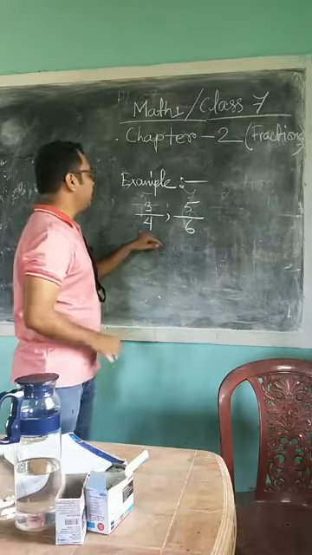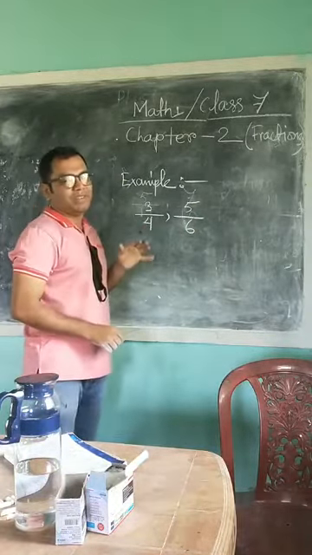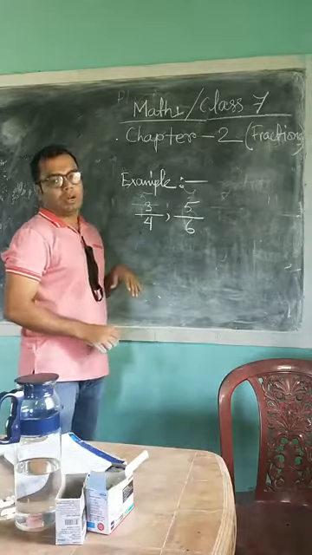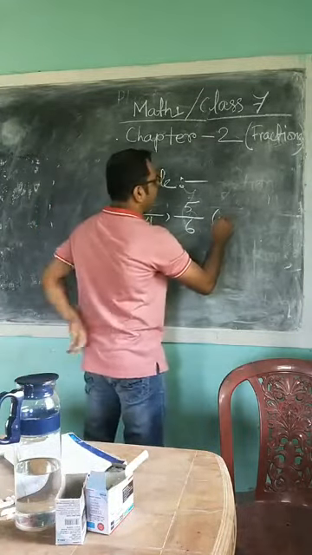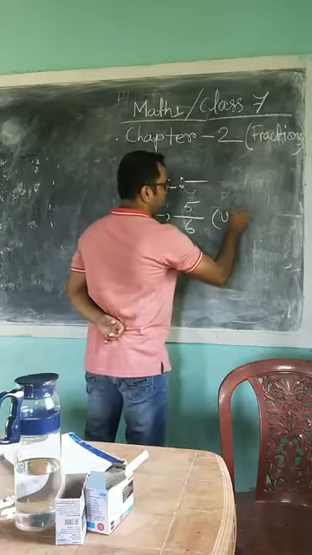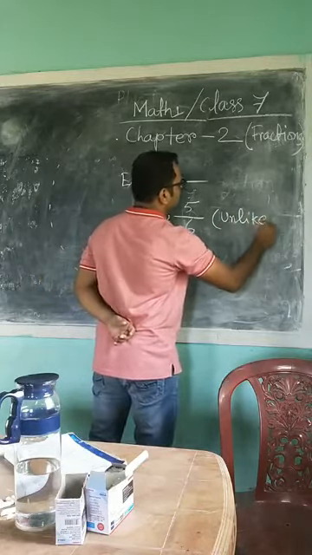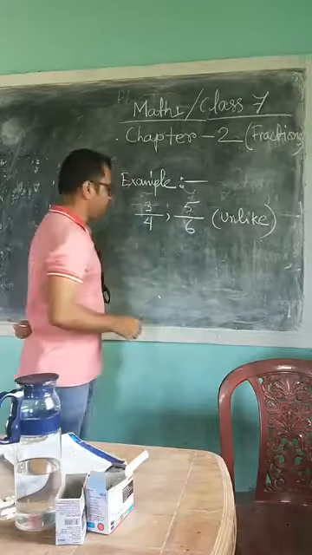We have to make these two unlike fractions into like fractions. First of all, in brackets we will write them as unlike, because they are unlike fractions.